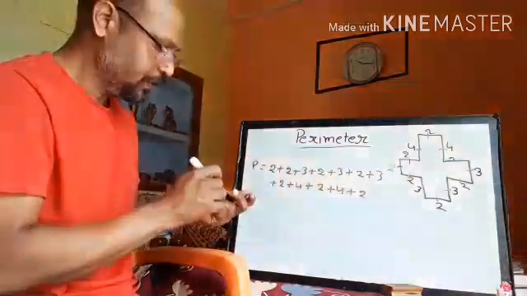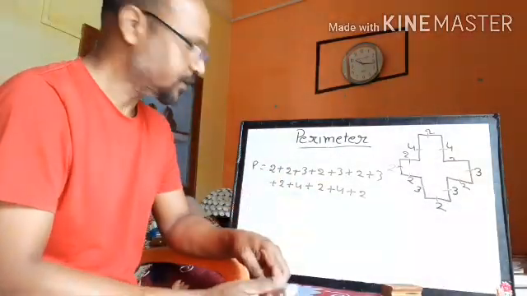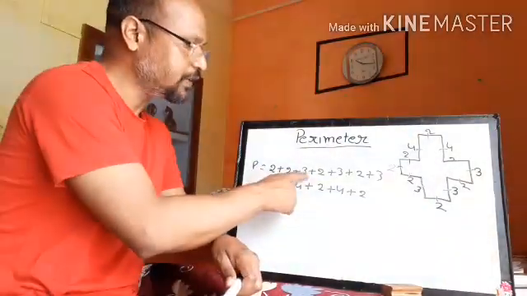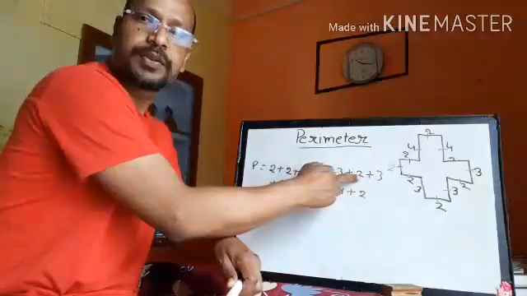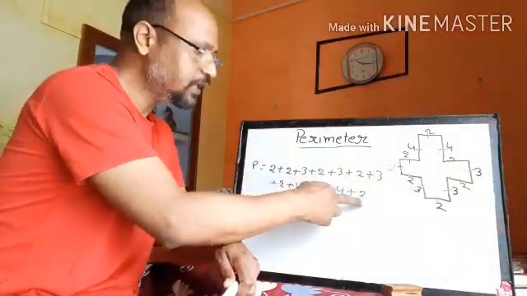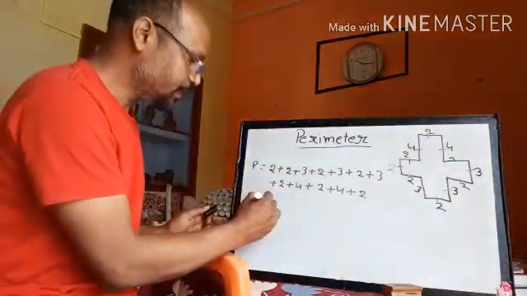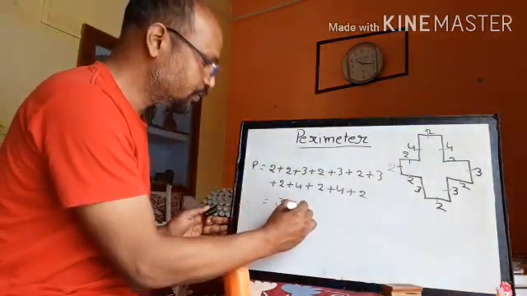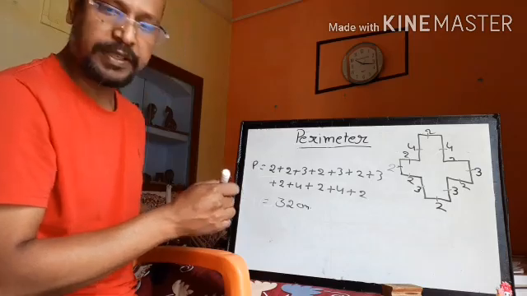So add all of them, you will get your answer. 2 plus 2, 4, 3, 7, 2, 9, 3, 12, 2, 15, 3, 18, 2, 20, 4, 24, 2, 26, 4, 30, 2, 32. So here the perimeter is 32 centimeter.